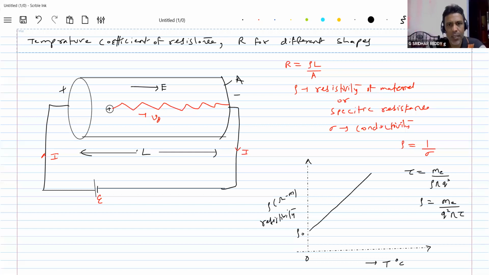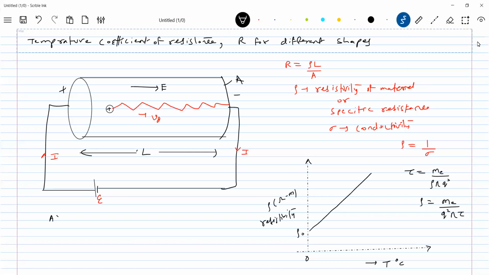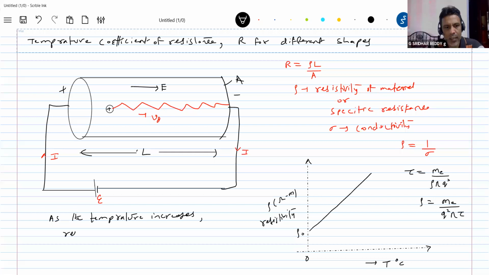As the temperature increases, the resistance of the conductor increases.